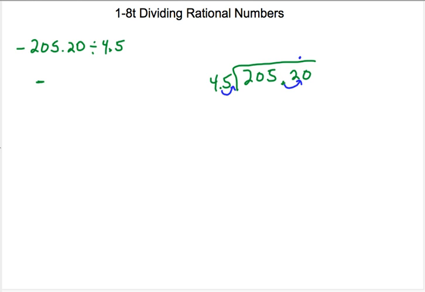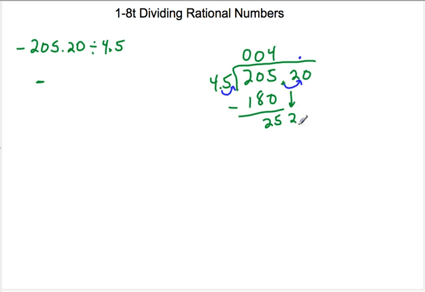So 45 doesn't go into 2 or 20, but it goes into 205, I believe 4 times. So that would be 180, and this will be 25. Okay, so now we have to bring down the next number, which is a 2.